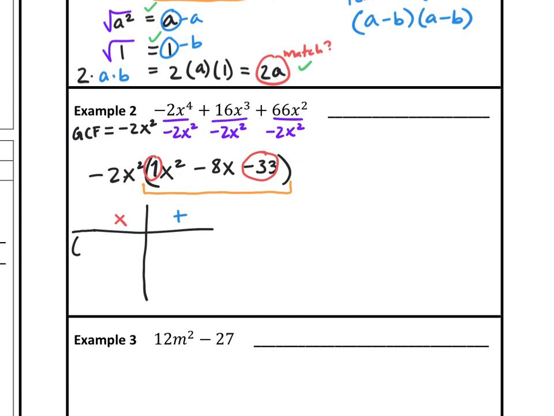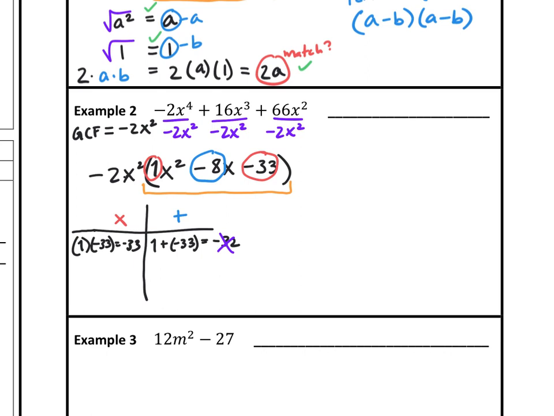So that's 1 times negative 33 is negative 33. And then what is 1 plus negative 33? That's negative 32. But the middle number that I want is negative 8, so that doesn't work.